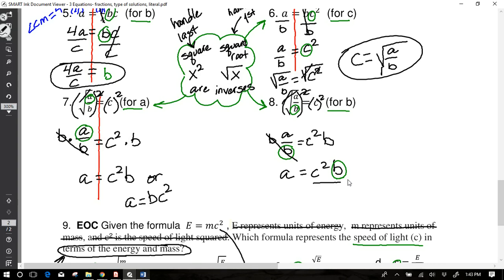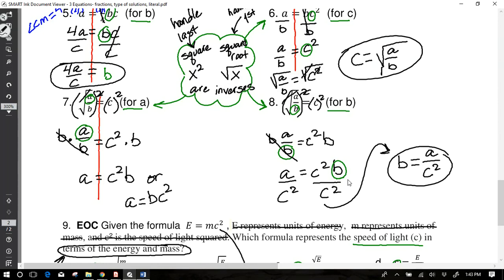I will need to divide by the c squared. So I'm going to write my answer over here. I now have b equals a divided by c squared. And let me circle my answer over here as well.